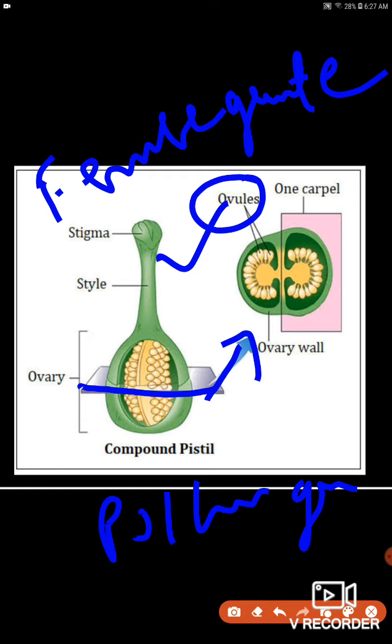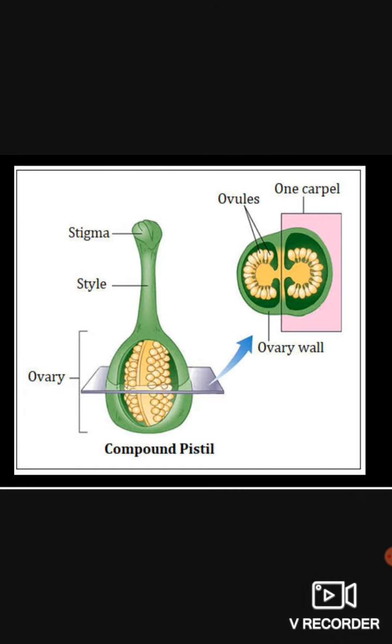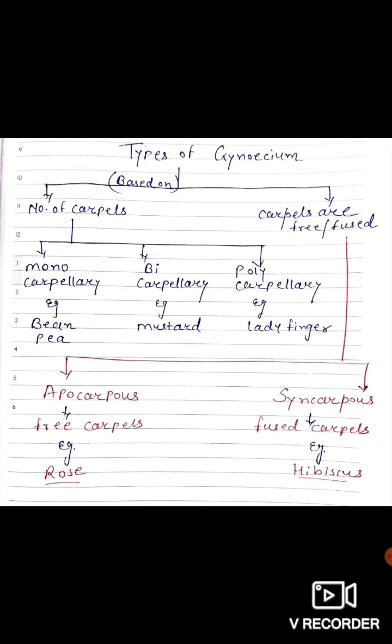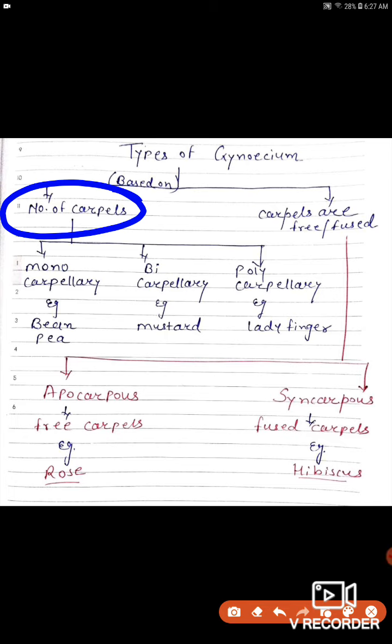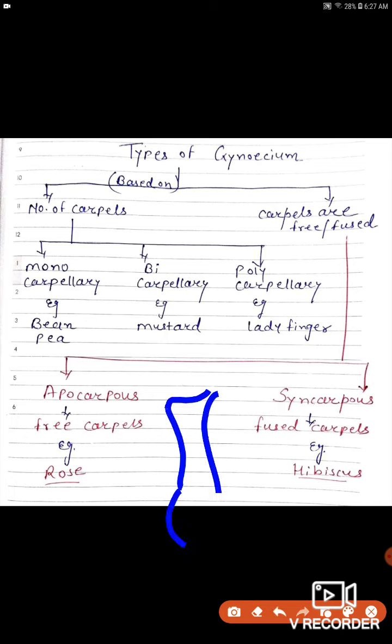Now like for the stamens we have seen the types, for gynoecium also there are two kinds of classification. First is on the basis of the number of carpels and second is on the basis of whether the carpels are free or fused. By number of carpels, if it is only one carpel, then it is called monocarpellary.